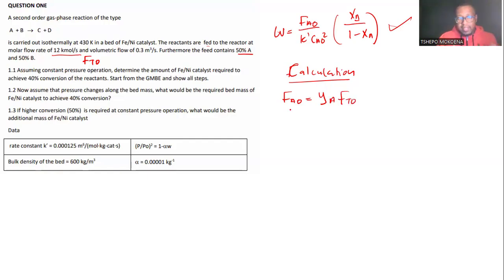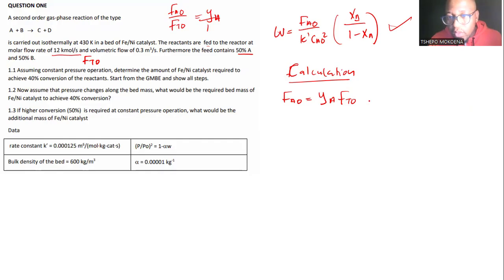If you forgot, from your engineering, you know that to calculate the composition of something, you say something divided by total. Meaning FAO divided by FT will give you your composition. So in order to calculate FAO, you have to cross multiply, and then it will give you this equation over here.